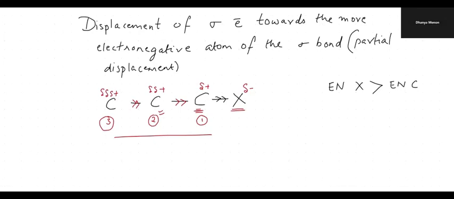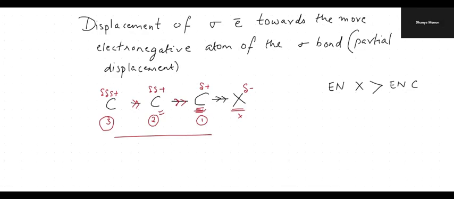Because of the more electronegative atom X, it pulls the electron pair towards itself, leaving the first carbon with a partial positive charge. The first carbon atom is deficient of electrons, and it pulls the electrons from its adjacent carbon atom.